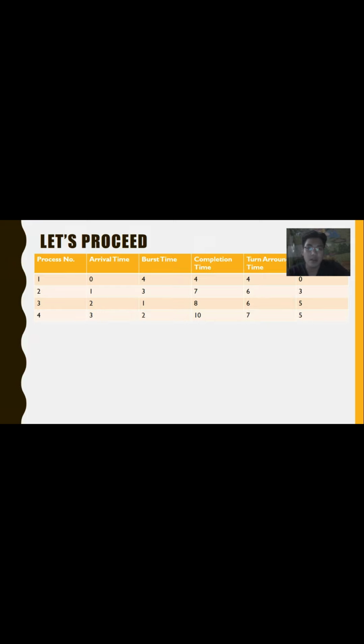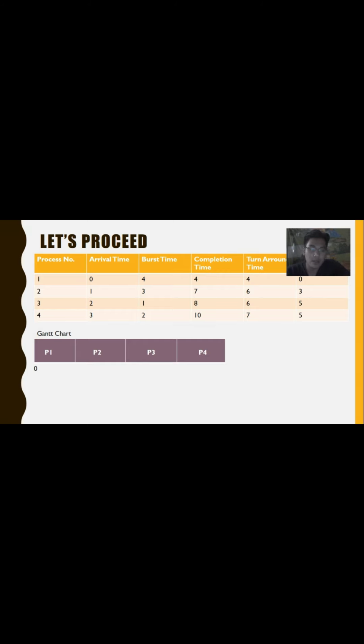We first need the Gantt chart. In our Gantt chart, we have P1, P2, P3, and P4, which are the processes. The arrival time of process 1 is 0.